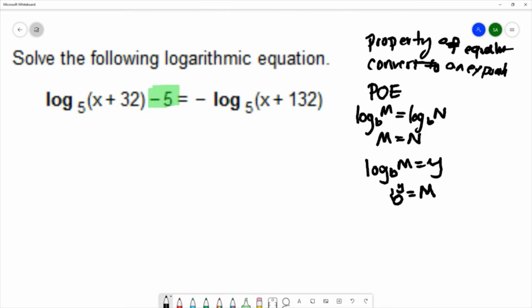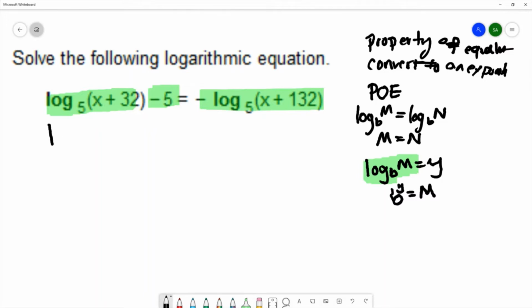So in order for me to use this method, I need to have a log by itself on one side. And you can see right now that I have logs on both sides of the equation. But I can fix that by rearranging the terms. So let's start by doing that.